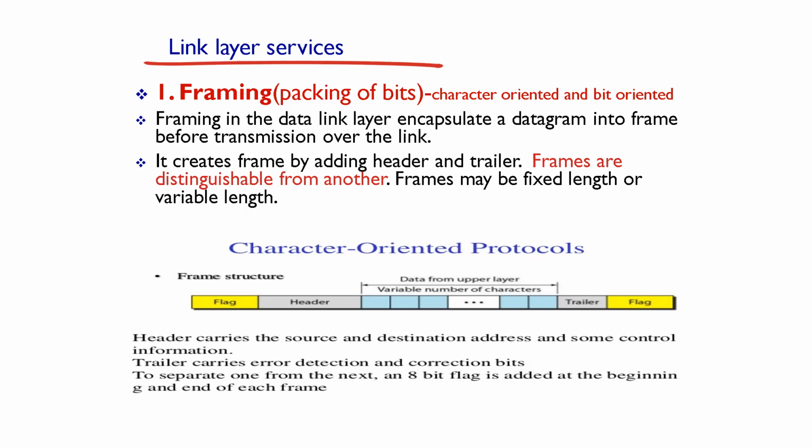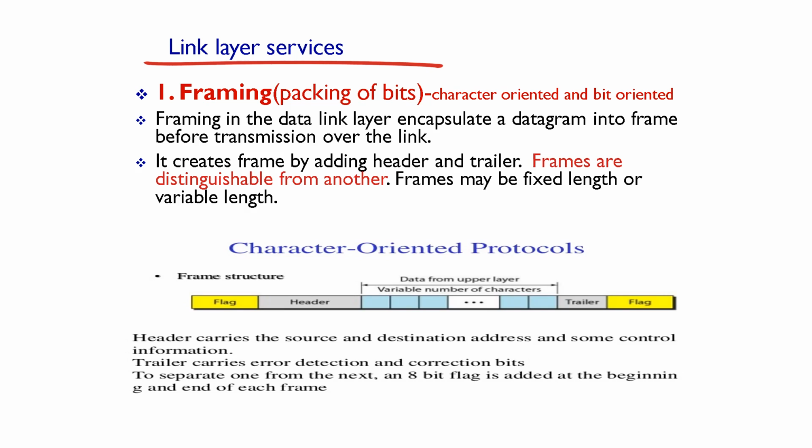It creates the frame by adding a header and trailer. Listen carefully here: the trailer is added in the link layer and no other layer has a trailer, but all other layers add headers. We will see what the trailer is and its content in upcoming slides.